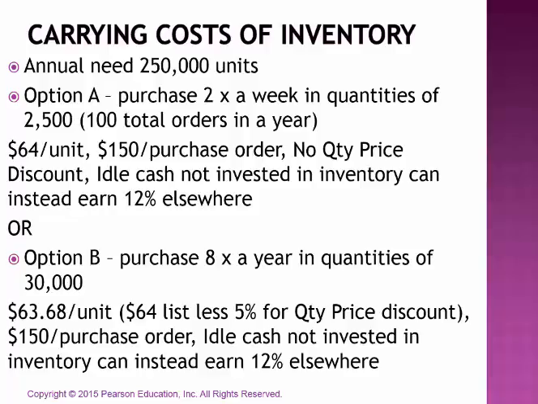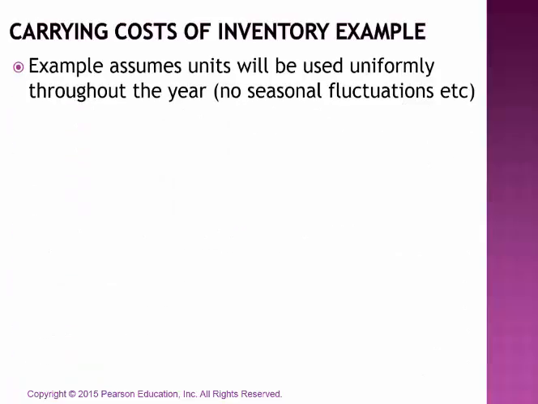However, when we only buy 8 times a year, we're buying a lot of units at one time, and we are sitting on those for quite a bit of time. So we're going to be using a lot more cash invested in inventory under option B than option A. All right, so let's go about calculating out our information.